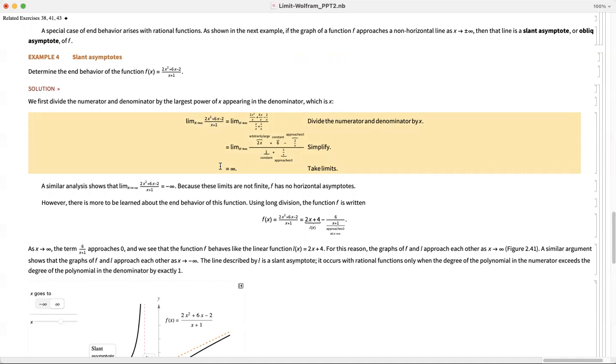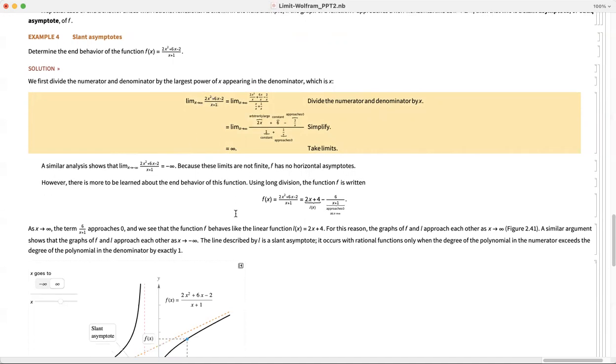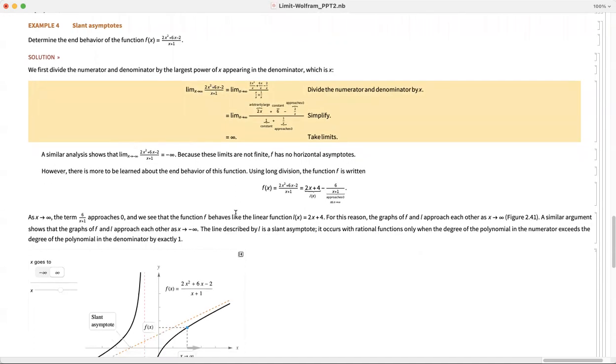So f of x goes to infinity as x approaches infinity. And similarly, the limit of f of x as x approaches negative infinity goes to negative infinity. It makes sense, right? So there is no horizontal asymptote.